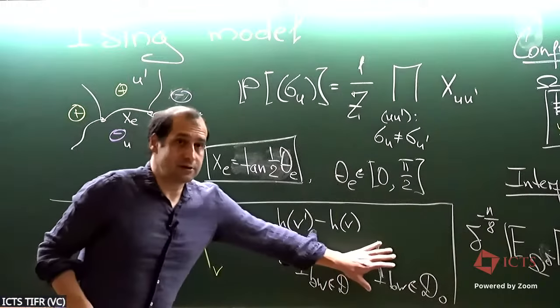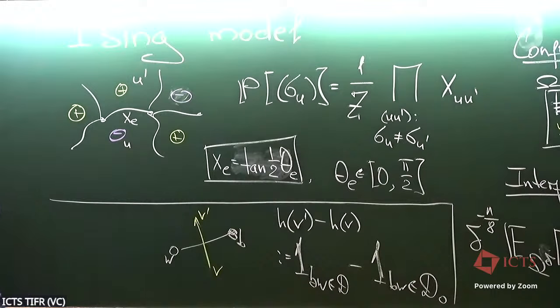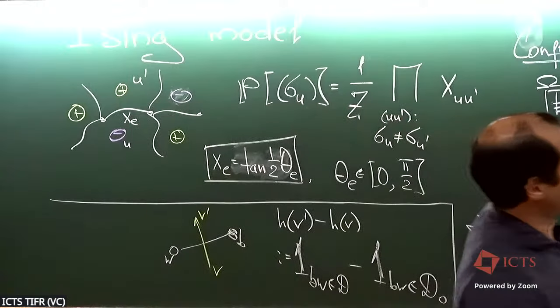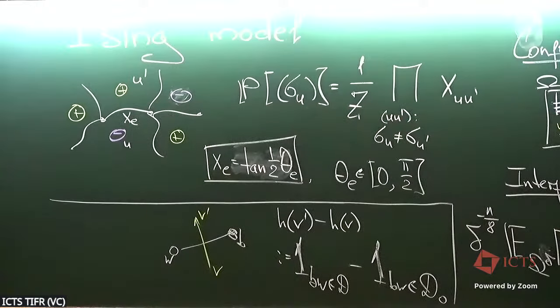And this is just deterministic. D is just my random configuration. And denote in the figure, this is the green one, which is taken to be deterministic.